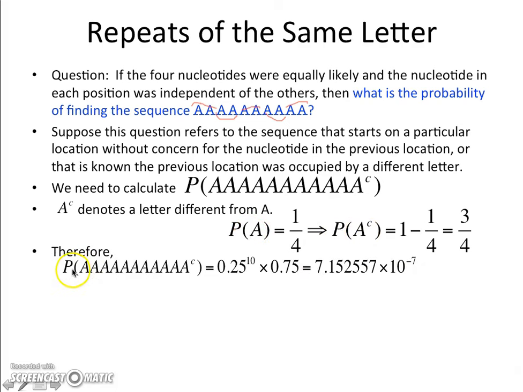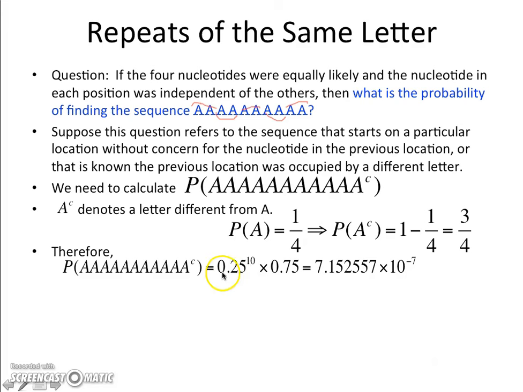So the probability of having this sequence with 11 positions, using the assumption of independence, would be the probability of having A times the probability of having A times the probability of having A. So that's 1/4 times 1/4 times 1/4, and that is repeated 10 times. And the last probability is 3/4, right? So that's where this number comes from.